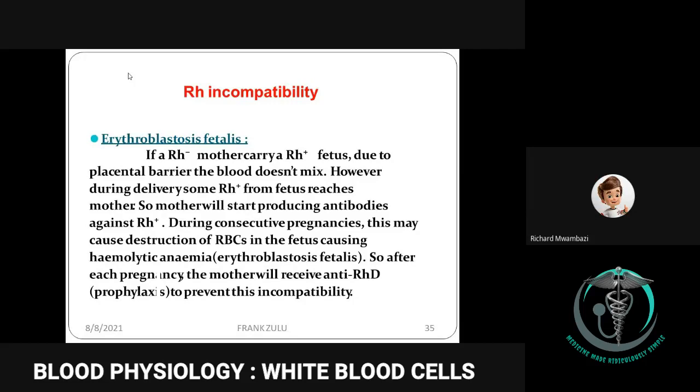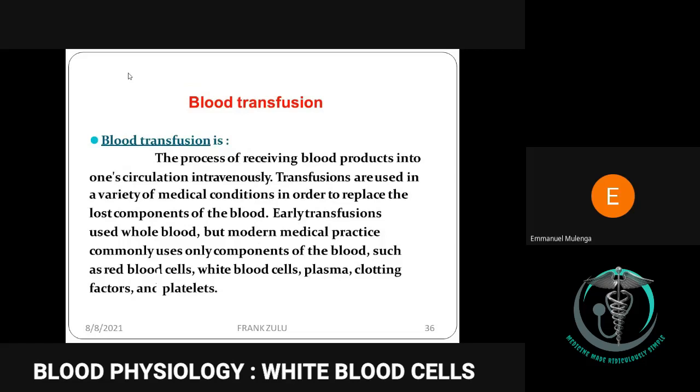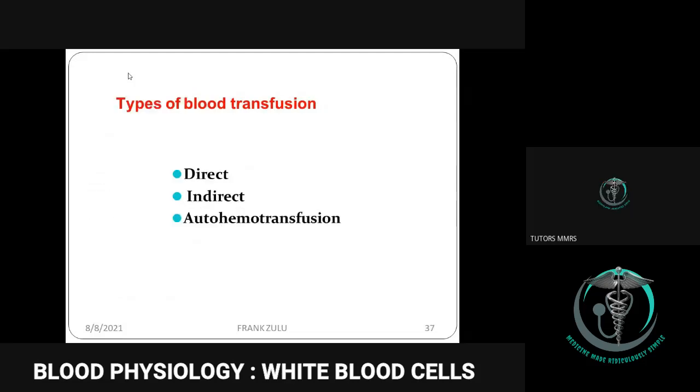Yes, sir. Okay. Before you move on, does the mixture during delivery happen during the cutting of the umbilical cord, or does the blood itself just get mixed up? It doesn't usually get mixed up. Usually this happens when you have trauma as the baby is coming out.